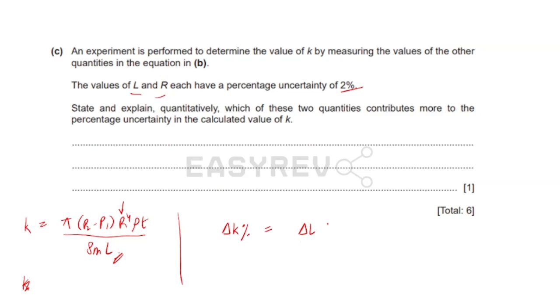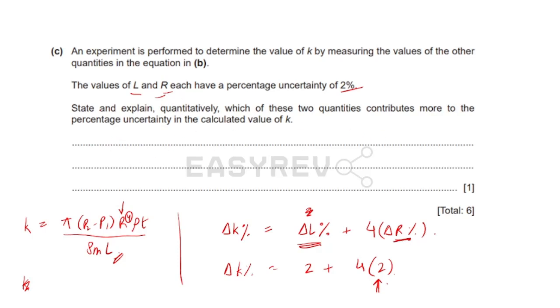However, for the radius R, I have to keep in mind that there's a power given to the radius R, and that power will appear as a factor or a coefficient in front of the percentage uncertainty of the radius. So even if L and R both have the same percentage uncertainty of 2, notice how that coefficient of 4 increases the contribution coming from the percentage uncertainty of the radius R. So even if they have the same percentage uncertainty, out of the two quantities, it's going to be the radius R that contributes the most.